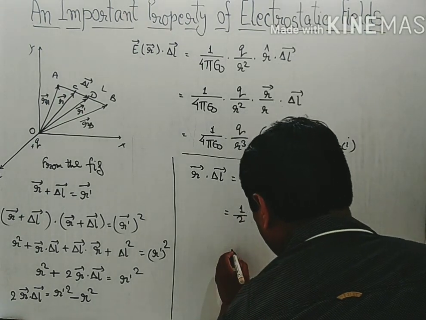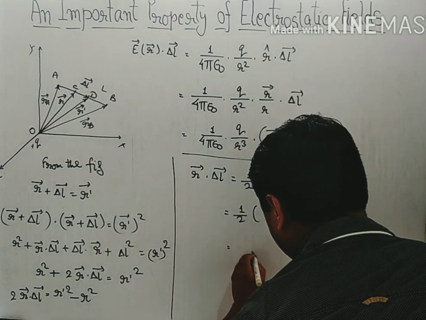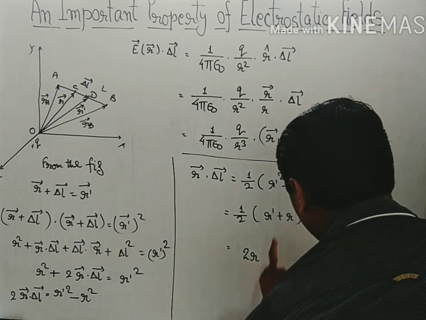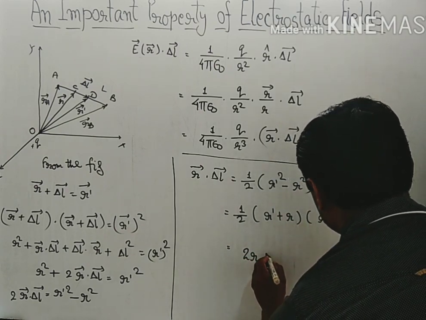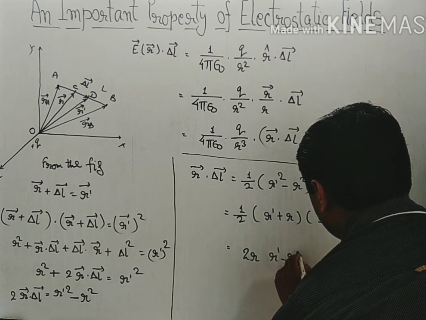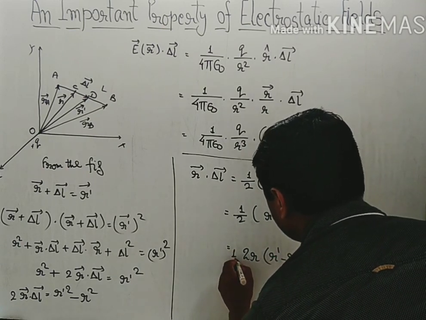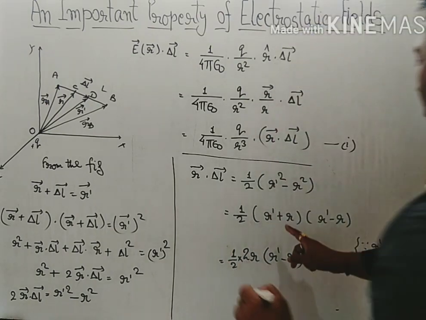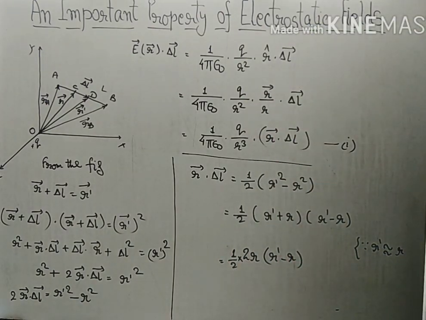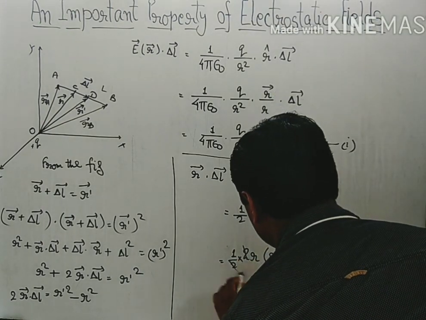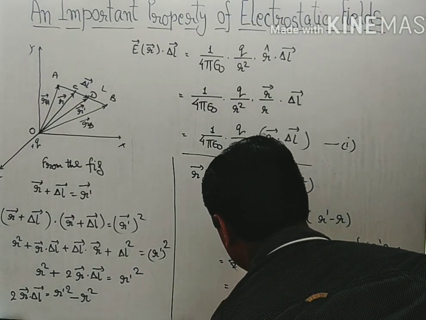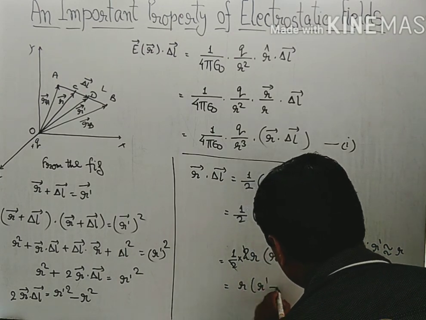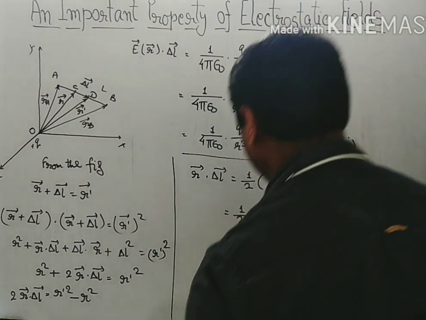So with this consideration, we write it as 2R, and this is R prime minus R into this half. Now just cancelling this half with this 2, we have R into R prime minus R with us.